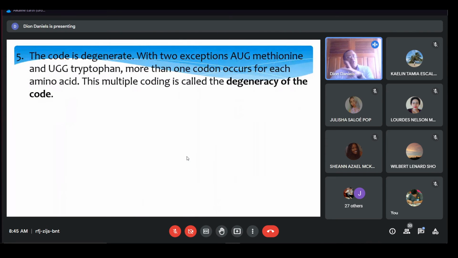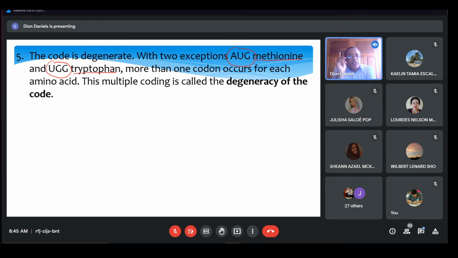The code is degenerate. What does that mean? The code is degenerate, with 2 exceptions, which would be AUG, this codon, which codes for the amino acid methionine, and UGG, which codes for the amino acid tryptophan.